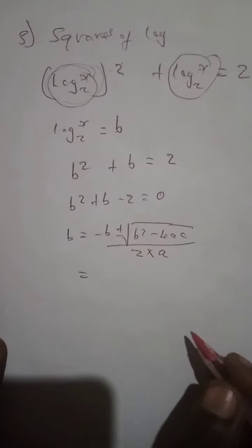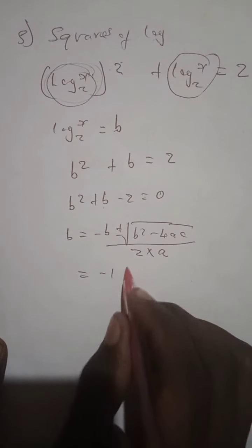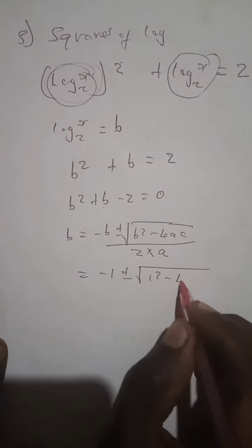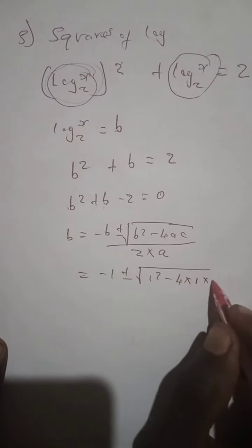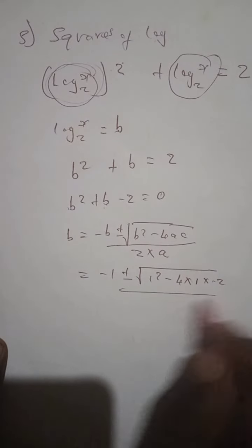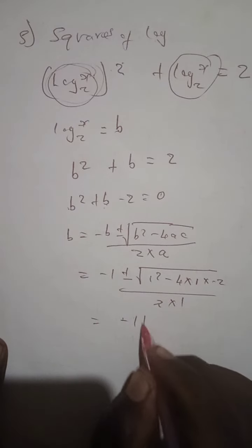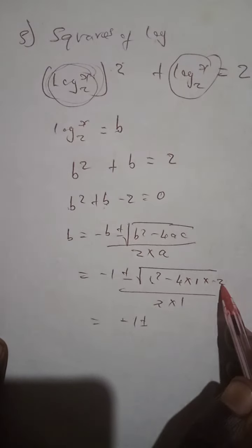Replacing what we have, our negative b is negative this one, so it becomes negative 1 plus or minus the square root of, this one is 1 squared minus 4 times 1 times negative 2, all over 2 times 1. That gives you negative 1 plus or minus the square root of 1 plus 8, which is 9.